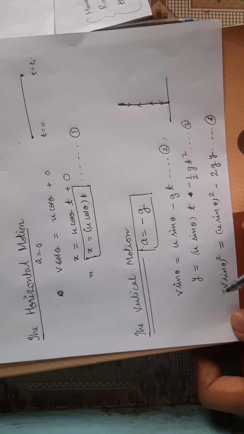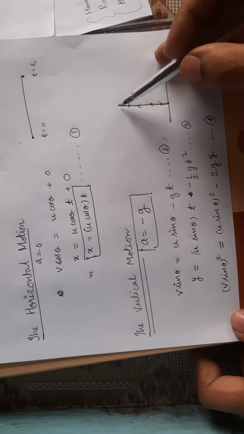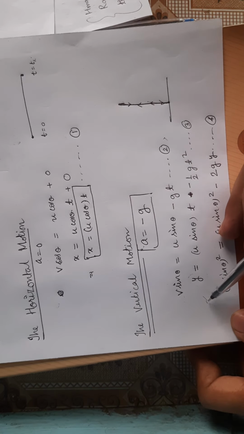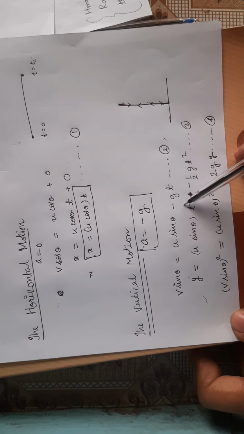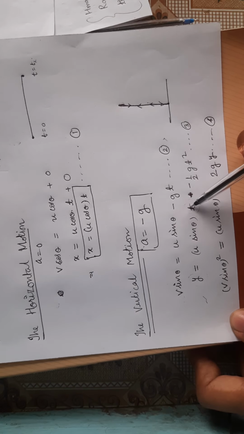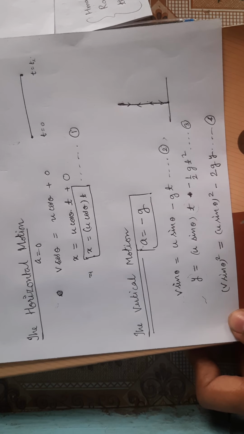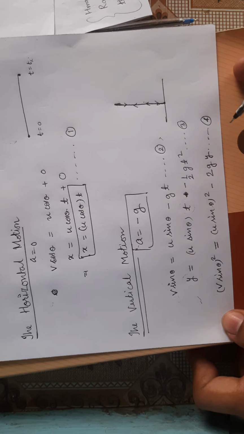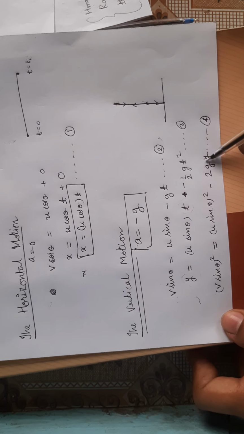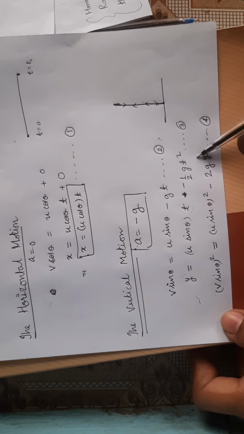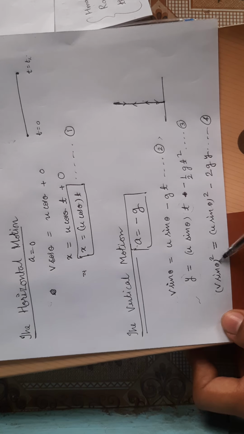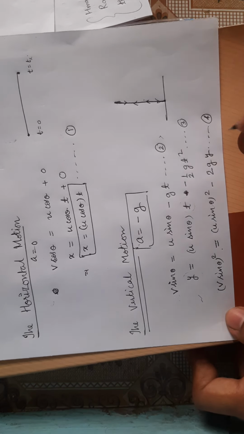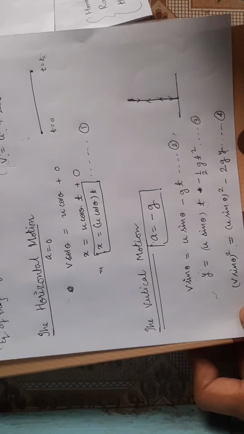In equation number 3, there is a term y which will become our maximum height, but in this equation there is an unknown term, time t, so we should check another equation. Equation number 4 also has a displacement term y, and there is no other unknown, so we can use equation 4 directly to find the maximum height. Okay, so let's start.